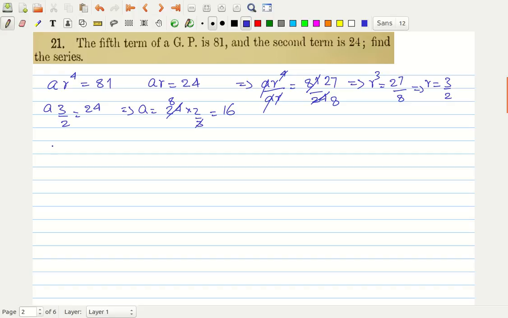So what is our geometric progression? Our geometric progression is 16, 16 times 3 by 2 is 24, 24 times 3 by 2 is 36, 36 times 3 by 2 is 54.